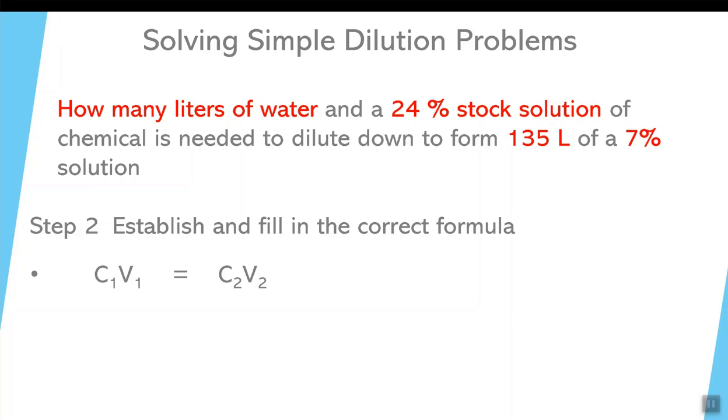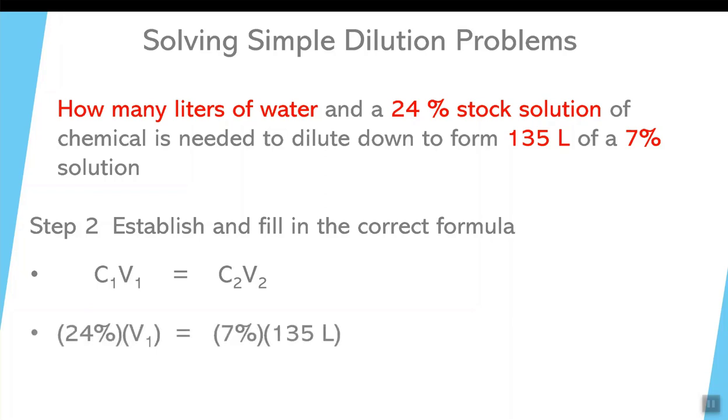And the whole idea here is as the concentration of one of these variables goes up, you don't need as much of it. The volume will go down to equal out a different concentration and a different volume. And that makes sense. You need just a tiny amount of concentrate, as in volume, of highly concentrated to equal out a large volume of a dilute. That's the whole idea behind this formula.